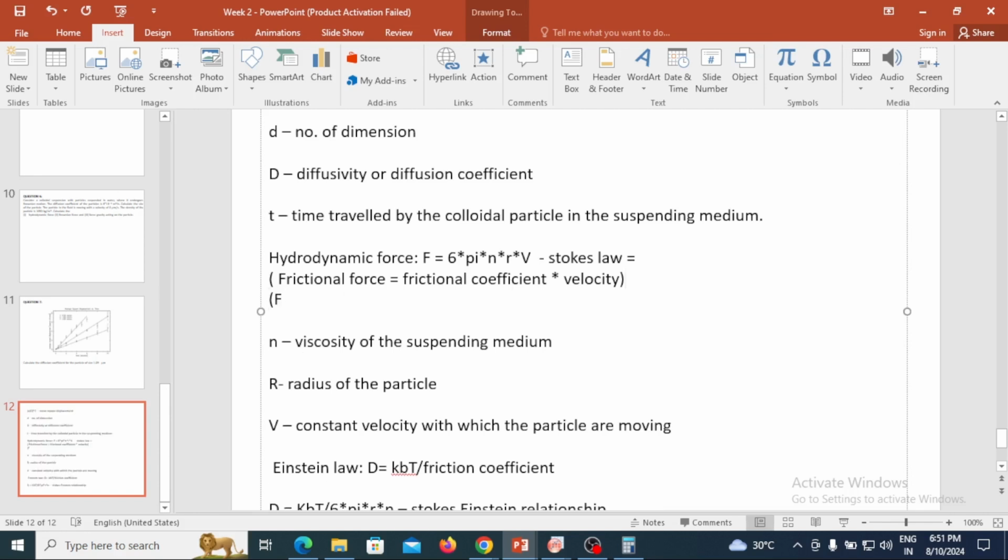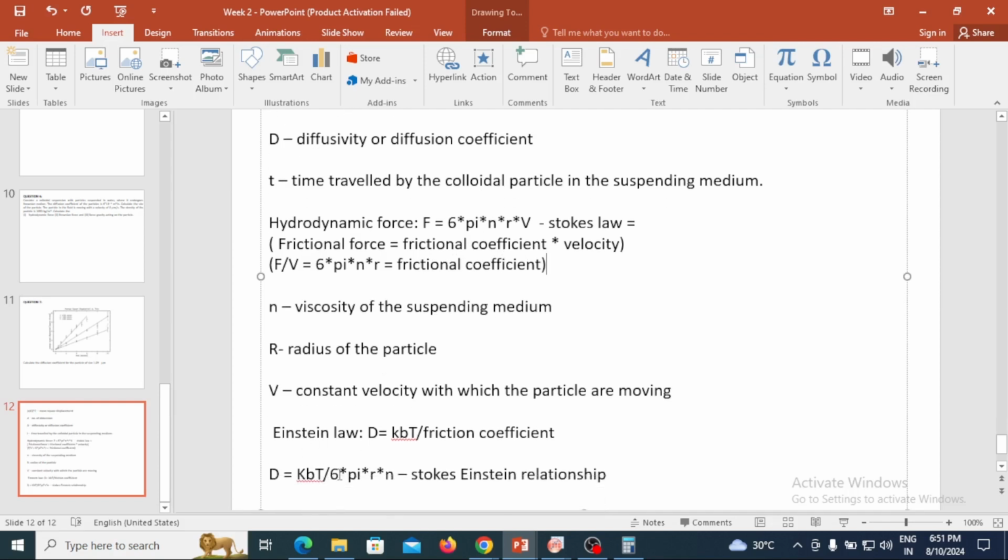F by v, that is 6 pi eta r, is equal to the frictional coefficient, and substituting this expression for the friction coefficient in Einstein's law, we get the Stokes-Einstein relationship.